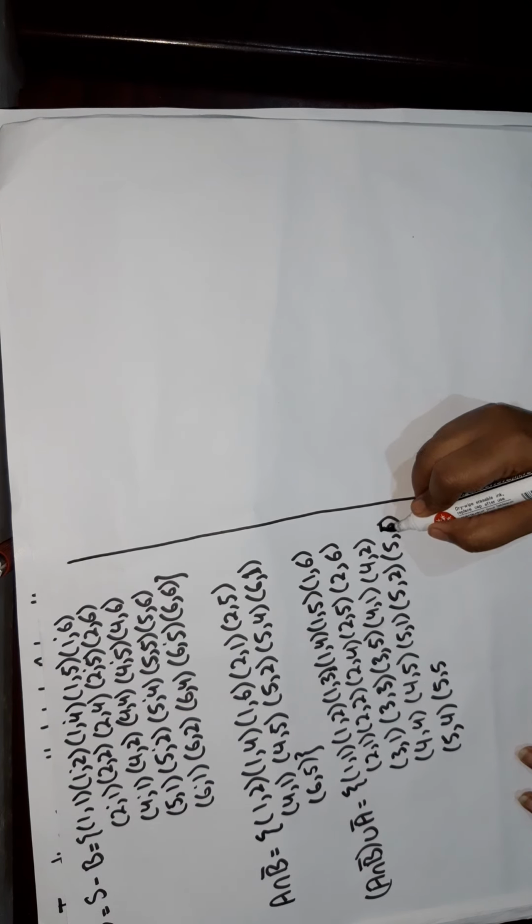Sorry, 5 3 is not present here. 5 5, 5 4, 6 5 and 6 1, 6 2, 6 4, 6 6. So this is our last part.